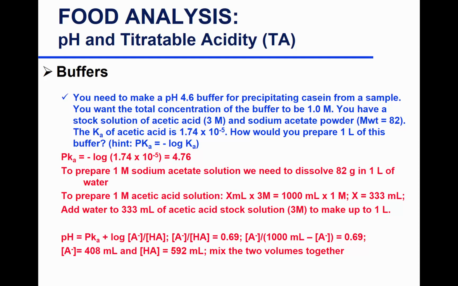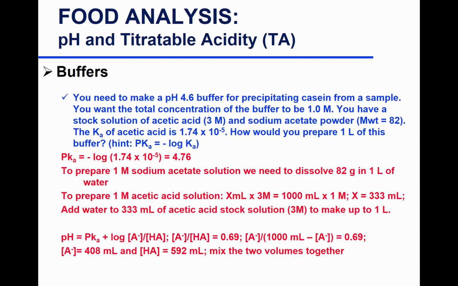In this case, you prepare the concentration of acetic acid and sodium acetate at the final concentration of your buffer. So you prepare 1 molar of acetic acid and 1 molar of sodium acetate. You start with the same final concentration you want in your buffer.